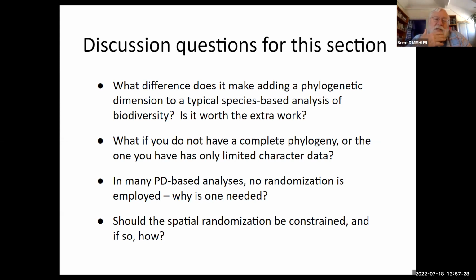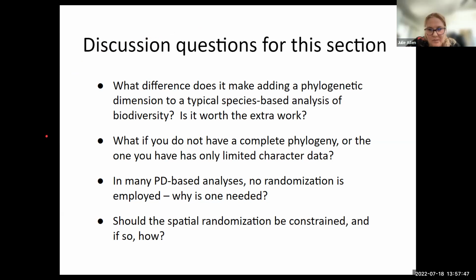And then we just recalculate these metrics again and again and again after that kind of randomization spatially, and then we determine whether the observed measures are outliers in a two-tailed test. So that's how that randomization works.